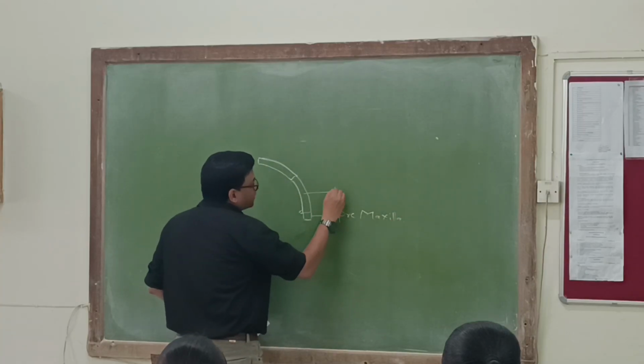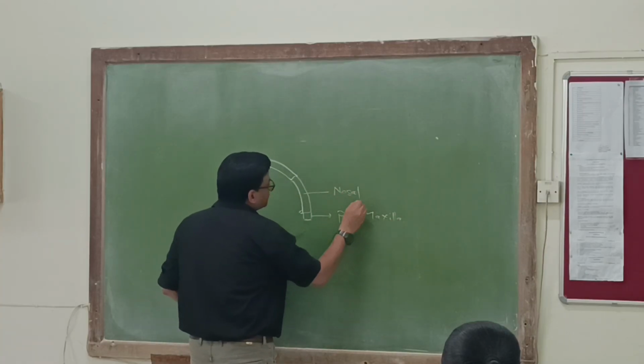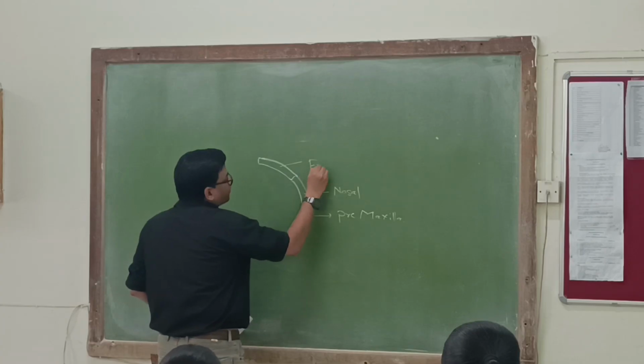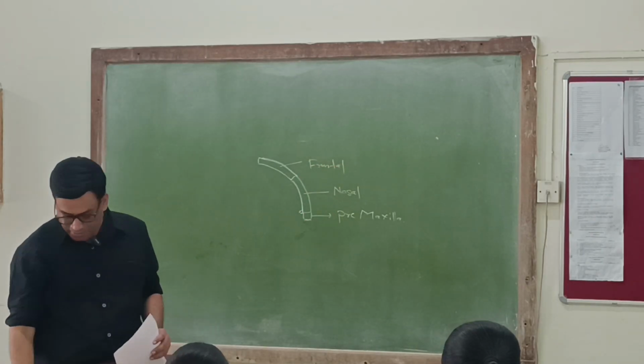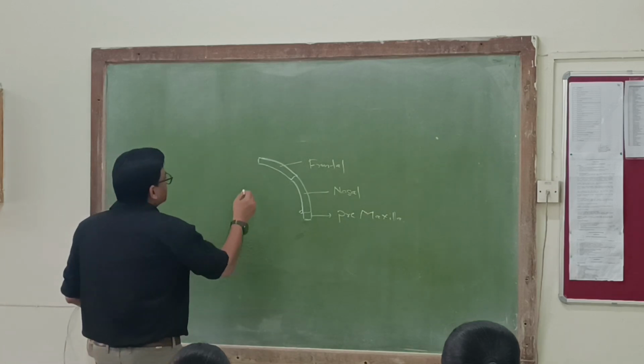This is the nasal bone, and this will be the frontal, and behind the frontal there will be a parietal bone.